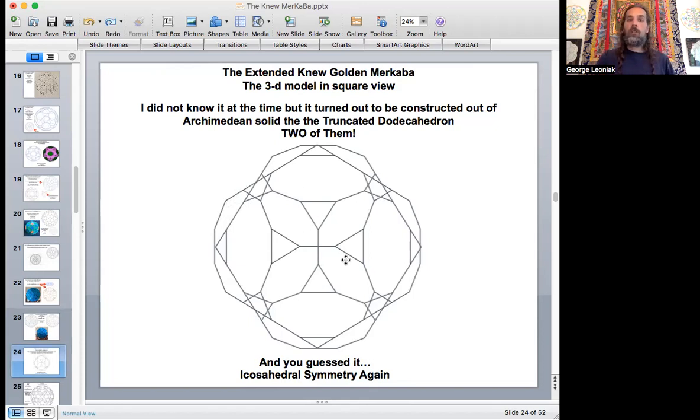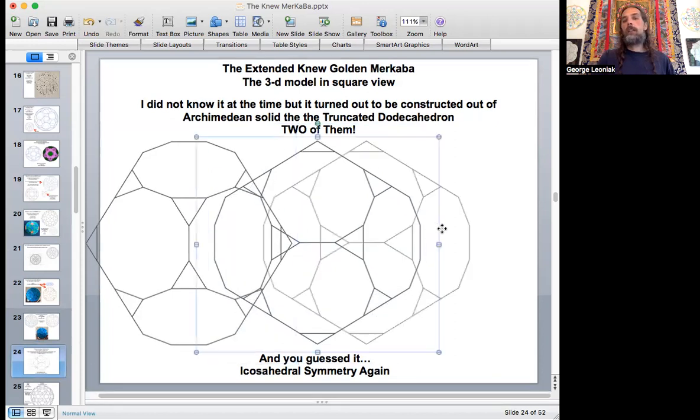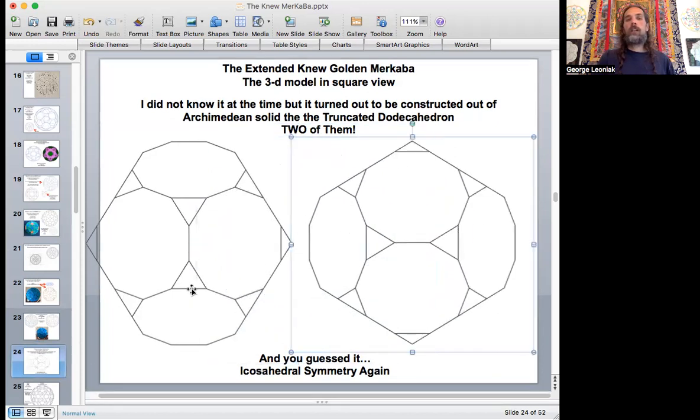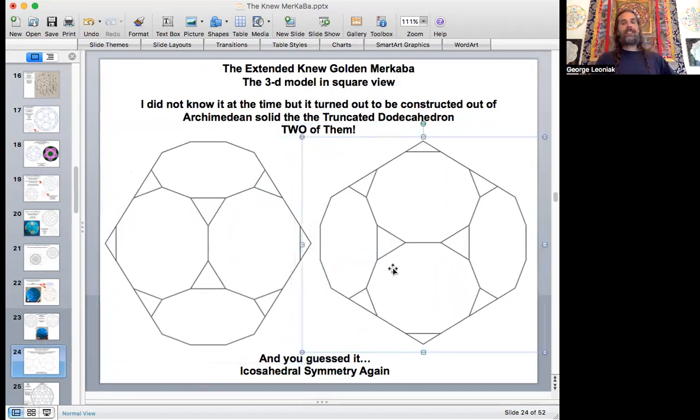So here's two of them, one and two. I drew the truncated dodecahedron and made two of them in two different orientations before I even knew that the truncated dodecahedron was in here, right? So that's amazing. That's just incredible.